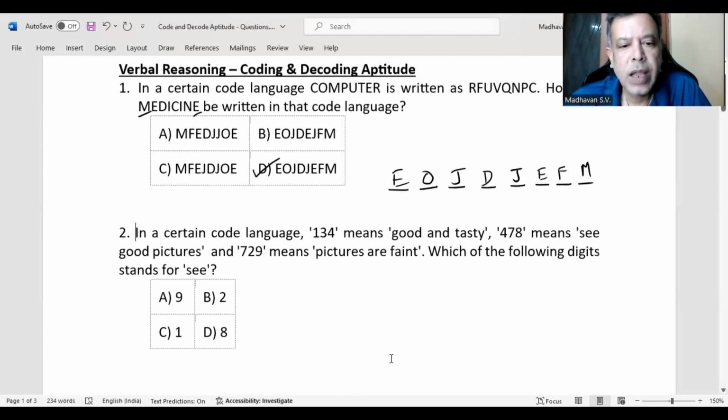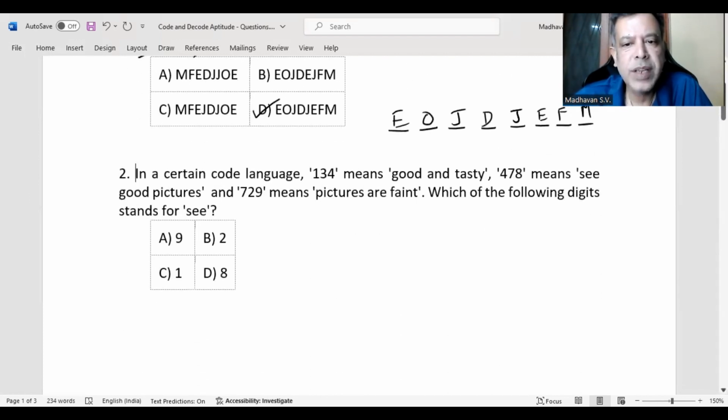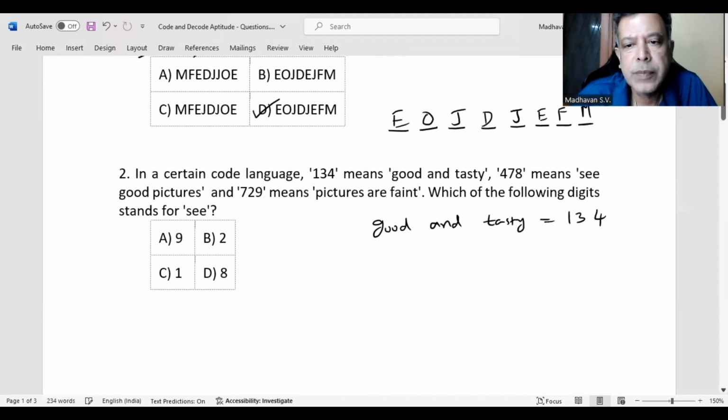In a certain code language, 134 means good and tasty. Good and tasty is 134. Then 478 means see good pictures.